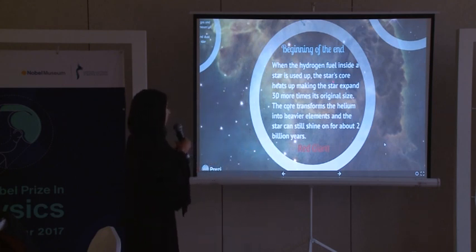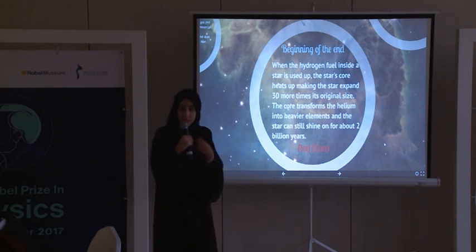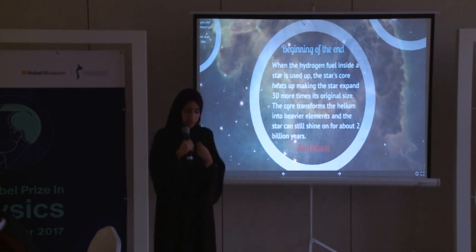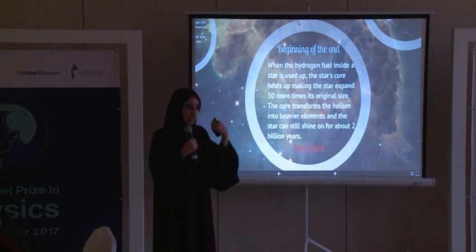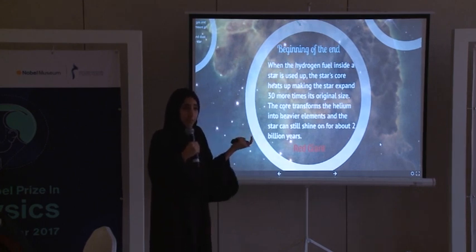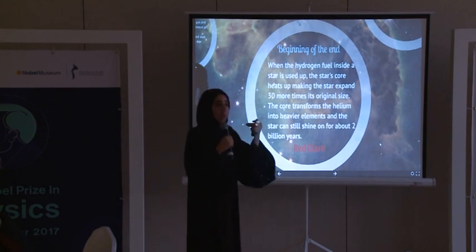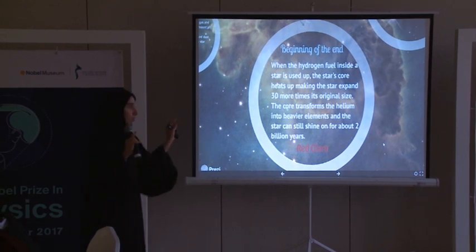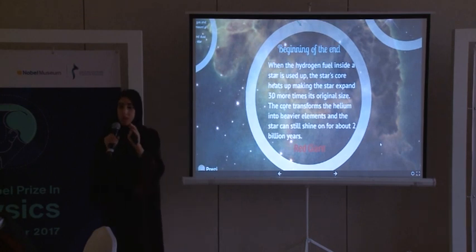Before that happens, because there is no process, gravity wins, and the star starts compacting into itself. When that happens, the temperature increases, okay? And we still have helium there. As soon as the temperature rises, helium starts fusing into other elements. So now it's using helium to change into other elements.